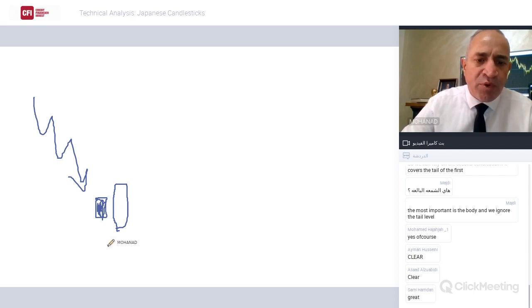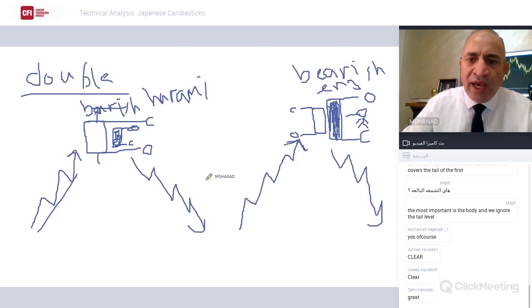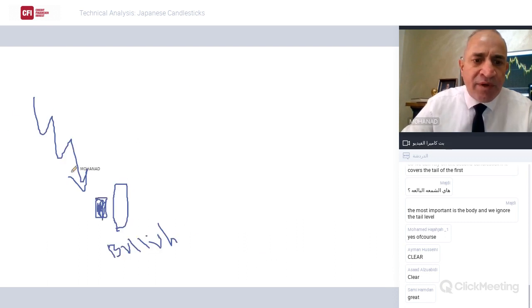This is called bullish engulfing. Here we had bearish engulfing, but at the end of a downtrend, we have bullish engulfing.